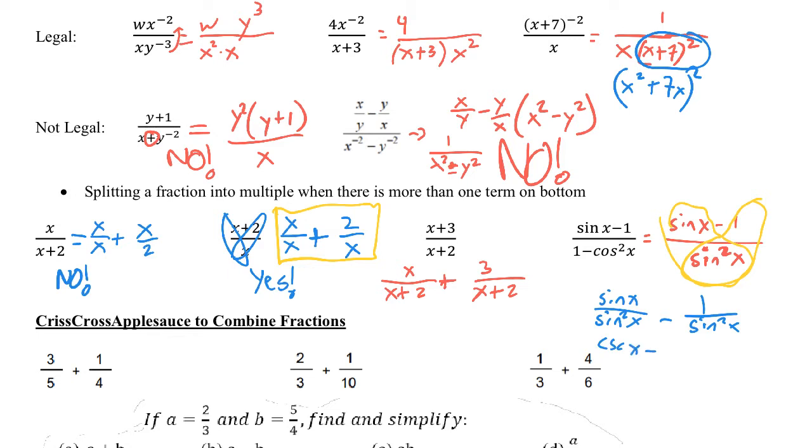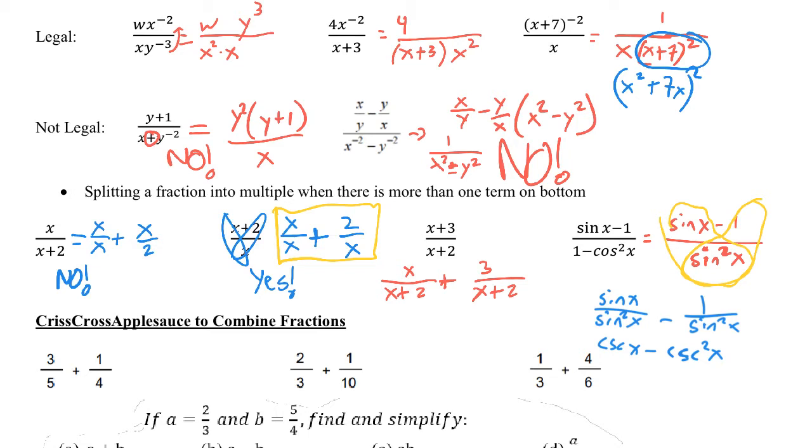And 1 over sine squared would be cosecant squared. So that's cool. Which also, you could then factor out a cosecant, although I don't know if I'd want to. Depends on where I'm supposed to go with this. But that's kind of nifty. Little trick there.